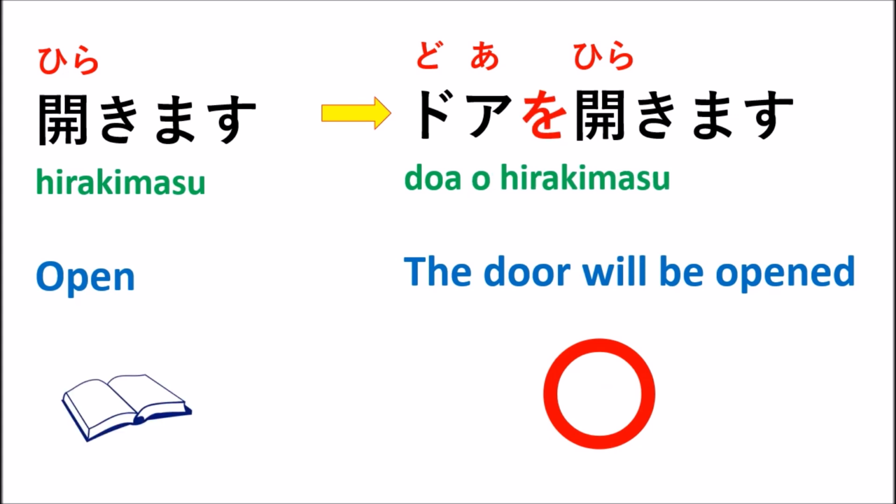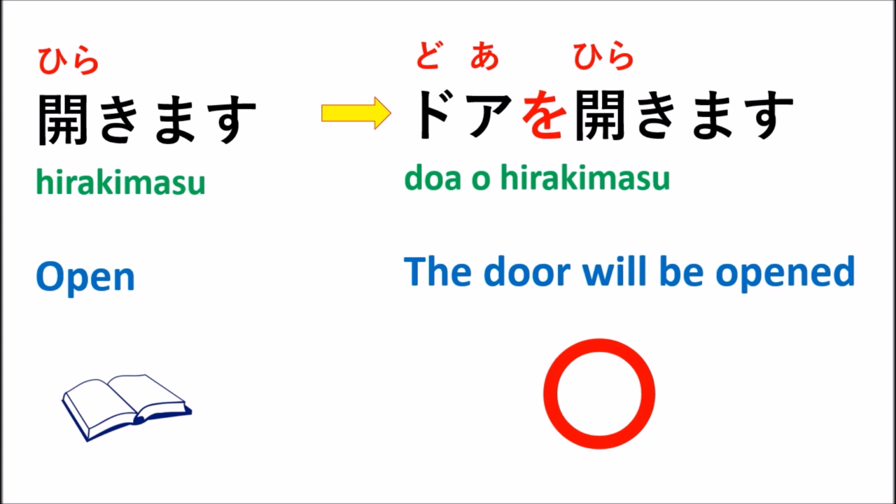And the verb hirakimasu, we can use with the particle o also. For example, we can create a sentence like door o hirakimasu. Door o hirakimasu means the door will be opened. So it means that when you use the verb hirakimasu, you can use it with both the particle ga and the particle o.